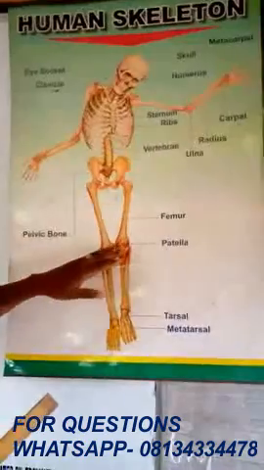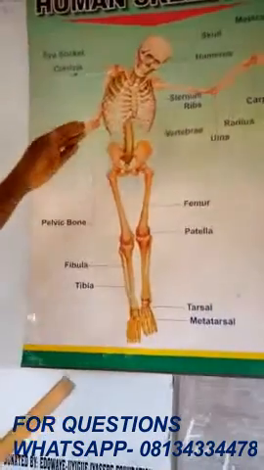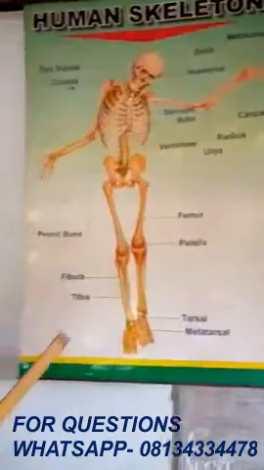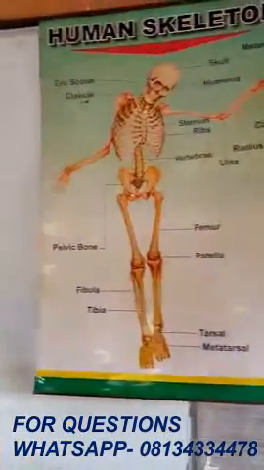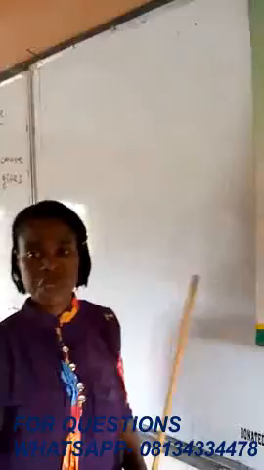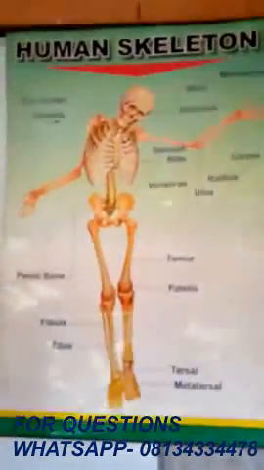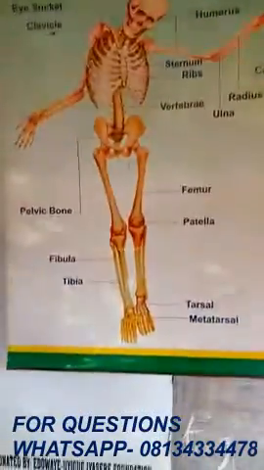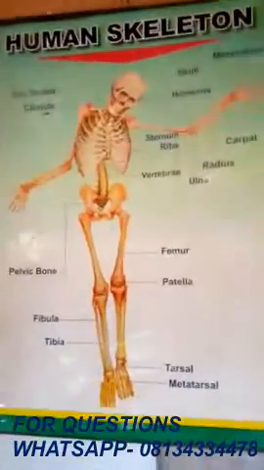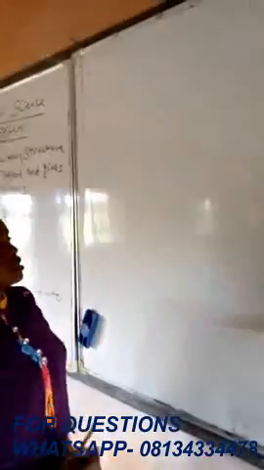We describe a joint as a place where two or more bones meet. We have two types of joints: the immovable joints and the movable joints.